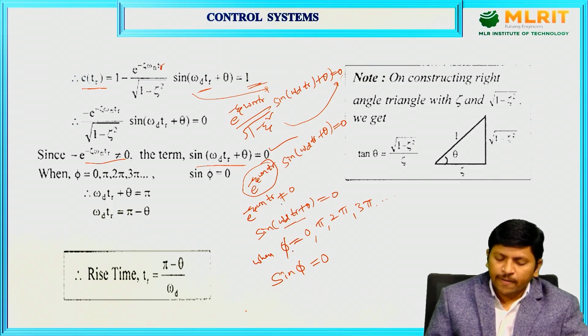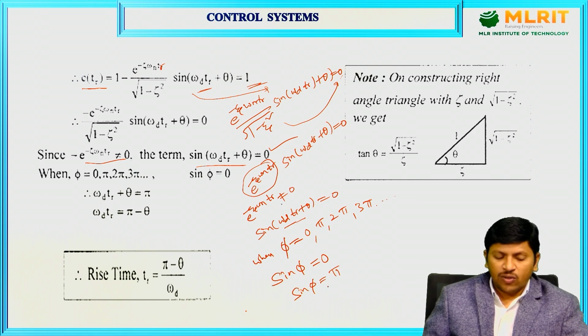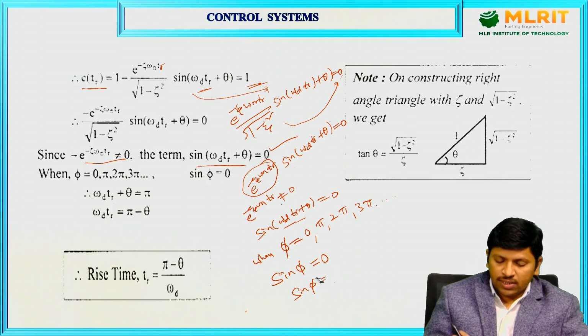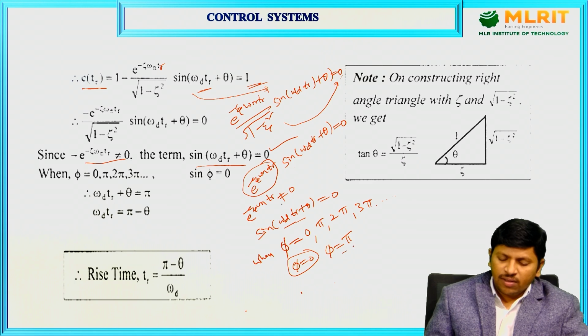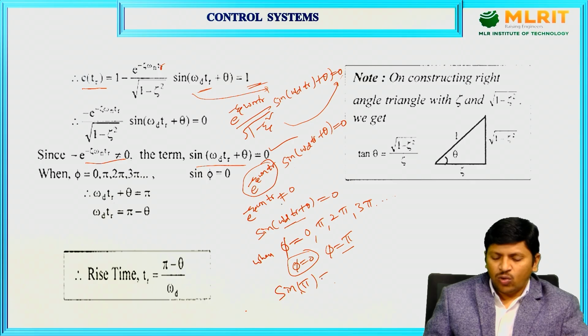Now I am going to consider sine phi equals 0, or sine of pi, or sine of 2 pi, sine of 3 pi. Just consider phi equals pi.